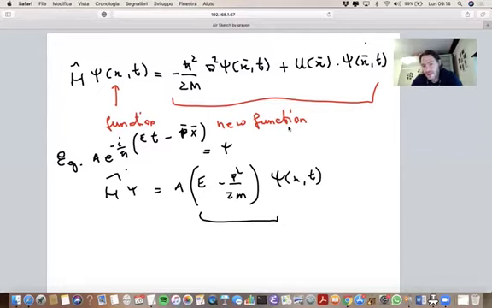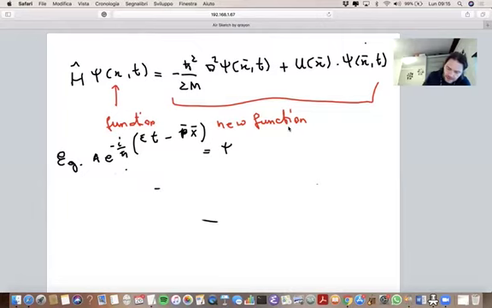Now, in this case, the new function is just proportional to the old one through this coefficient here. But if my wave function was not simply an exponential, but was like, I don't know, a sine or logarithm or 1 over x squared, whatever you name it, the resulting function of the action of h would have been a different function of form altogether. Okay?